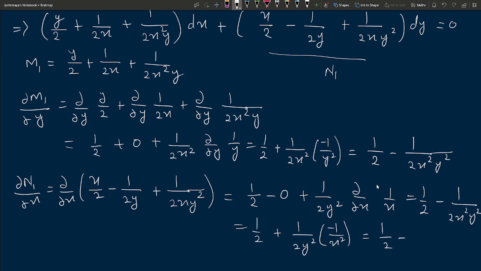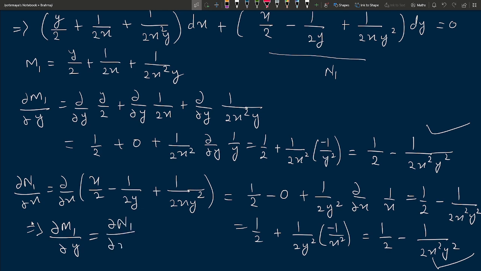So 1 by 2 minus 1 by 2x square y square. Implies del M1 by del y equals del N1 by del x.